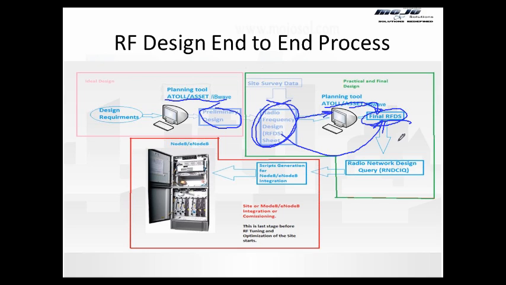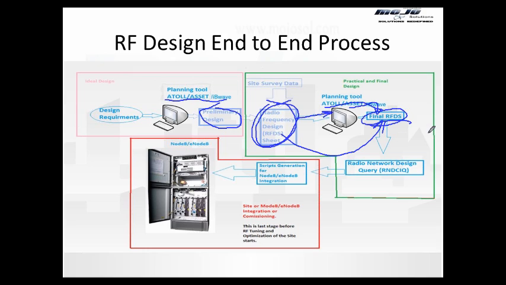RFDS contains more about the site information like node B cabinet type, the height of the antennas, the feeder length, the feeder types. When I say feeder in RF engineering, it is basically the cable connecting the node B with the antenna. So all those things are part of RFDS, but the soft parameters like frequencies, the scrambling codes, the PCIs, those are not part of RFDS.